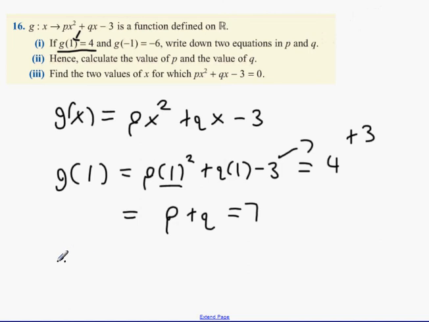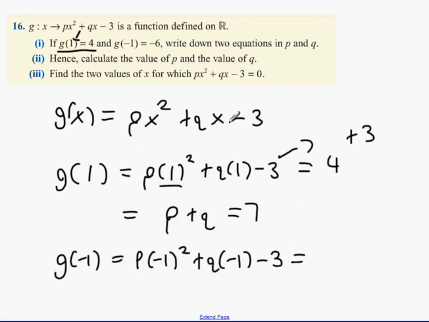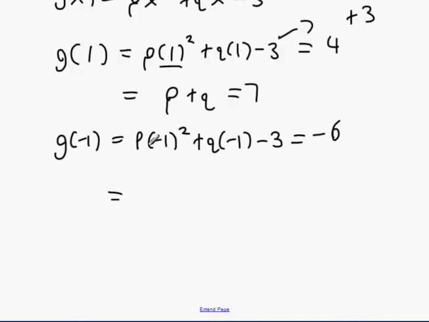Now what about g of minus 1? What do you do with g of minus 1? P times minus 1 squared plus q times minus 1 minus 3 equals, anybody? Minus 6. Now what do you do next? P times minus 1 squared? Anybody?